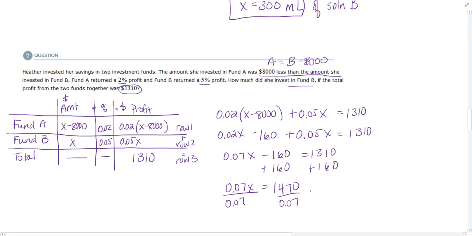Let's see what that is. 1,470 divided by 0.07 is 21,000. So x equals 21,000. And this was the amount in Fund B, and that's what we're supposed to find. So this is indeed the answer we should put in.